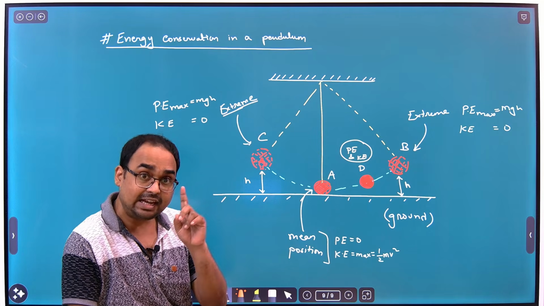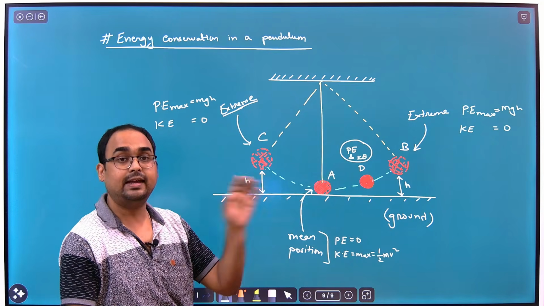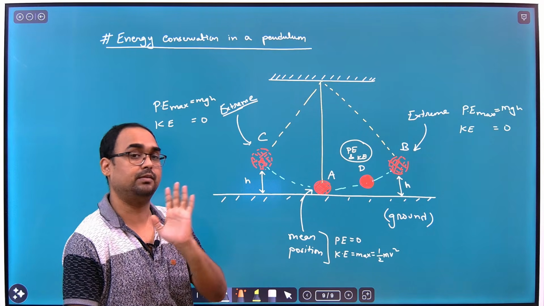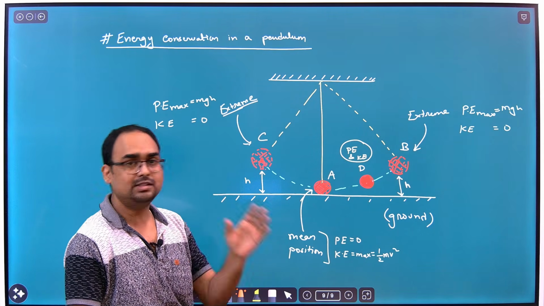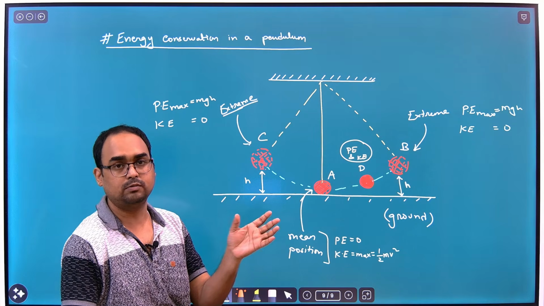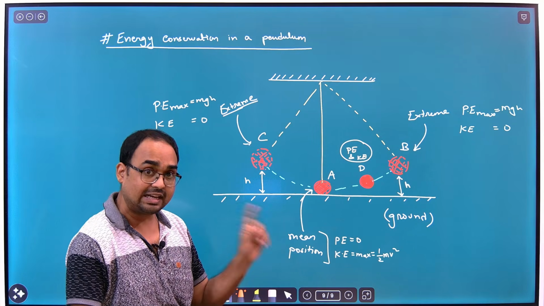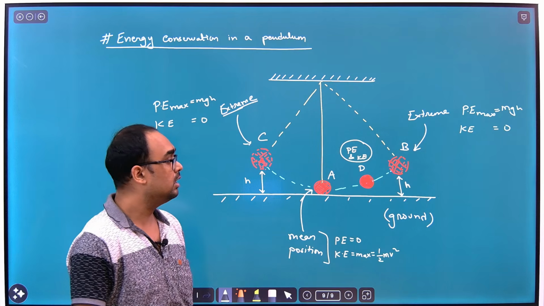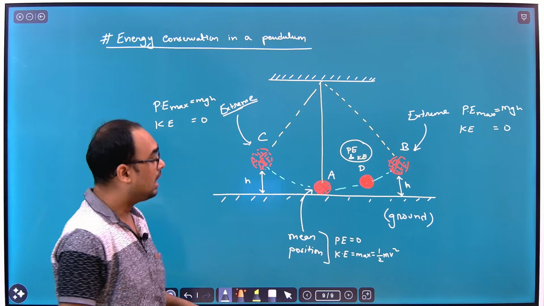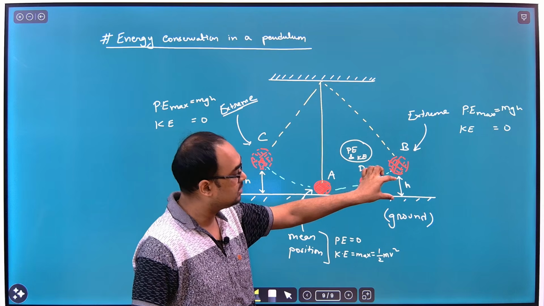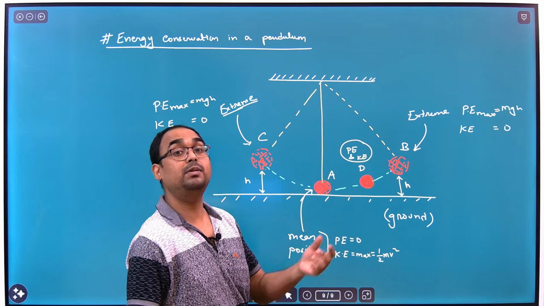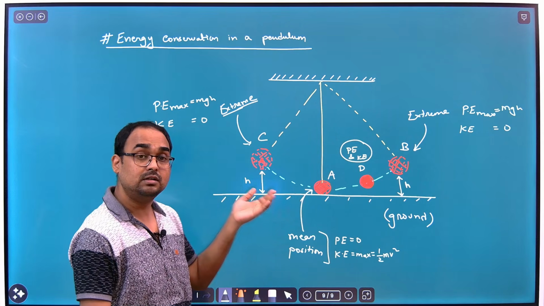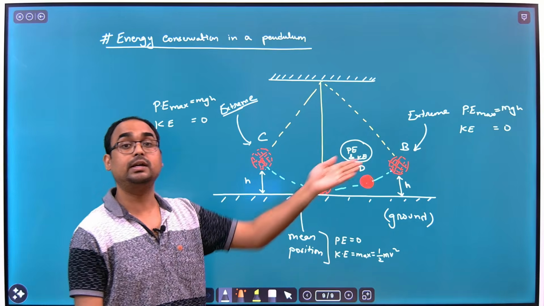If it is exactly between A and B, then potential and kinetic are 50-50. Or else one will be more, one will be less. So now all that we have to derive is how much height this object can go, or what will be the velocity when the pendulum is swinging.